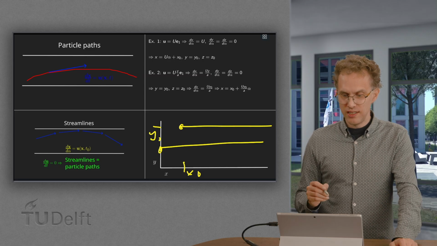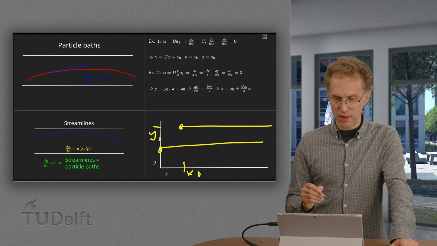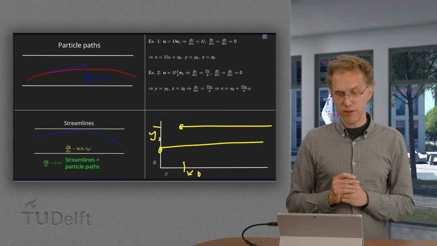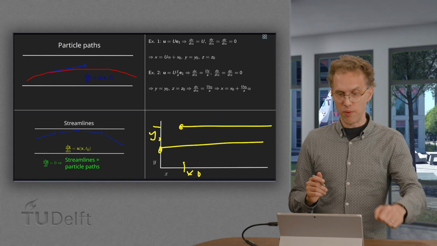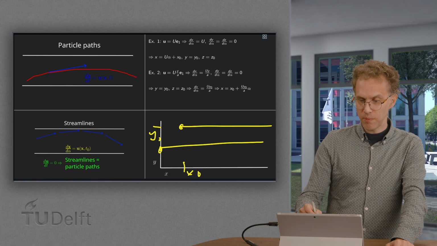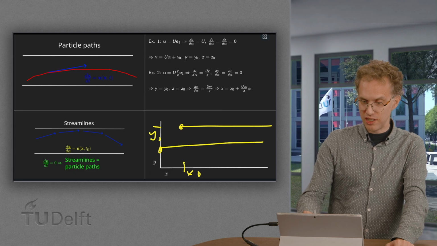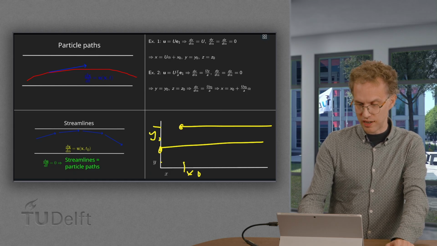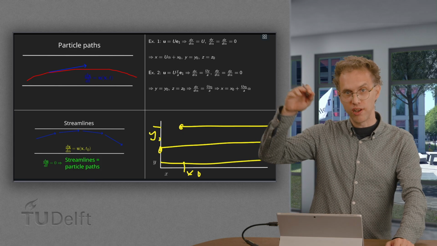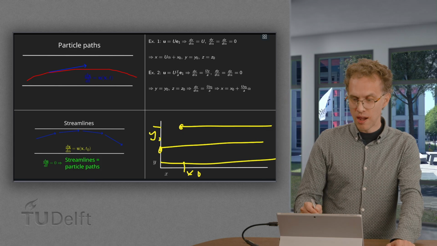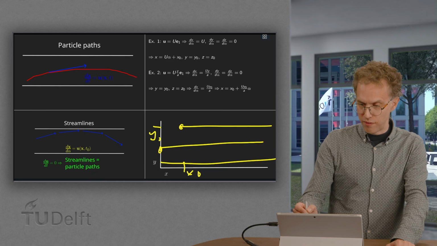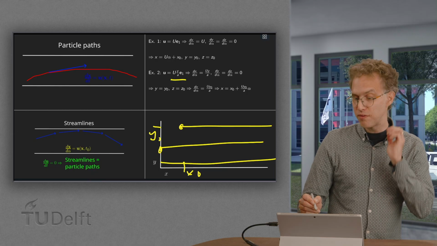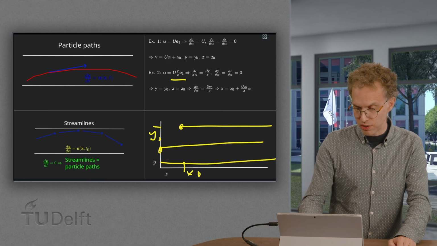Now what is the difference with the second example? In the first example the velocity is the same for all y. In the second example the velocity is actually increasing if y gets bigger, so you would probably draw it like this. You have again horizontal lines as your streamlines, that's the same. The only difference is that the velocity is faster if y becomes larger, so you usually draw it like this.